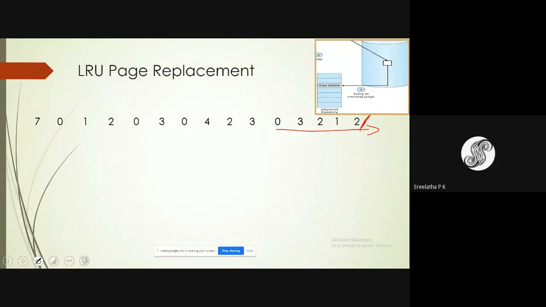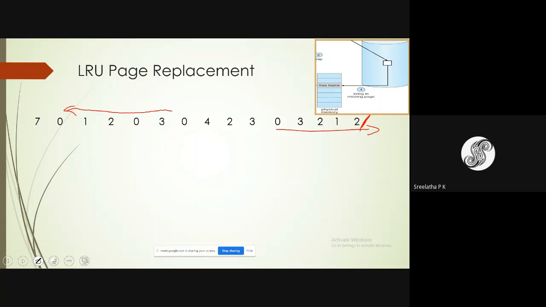Least recently used: the page which is not used recently is selected for replacement. Previous strings can be predicted. Previously which page the processor has requested can be predicted, correct?